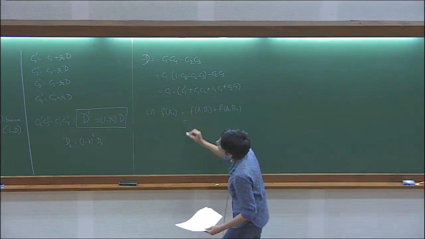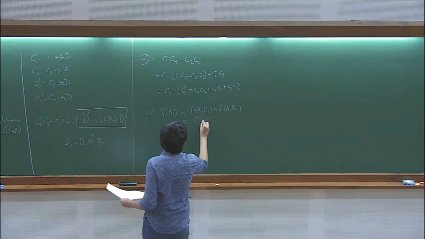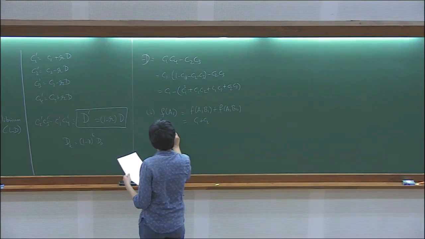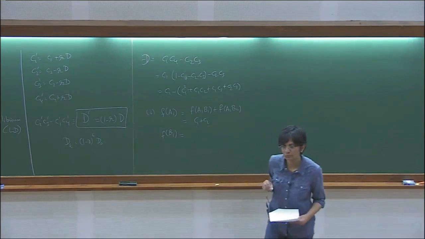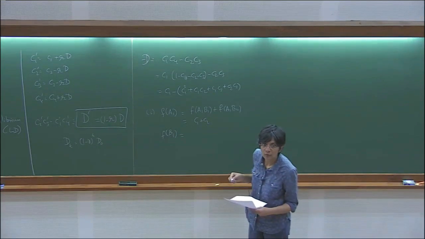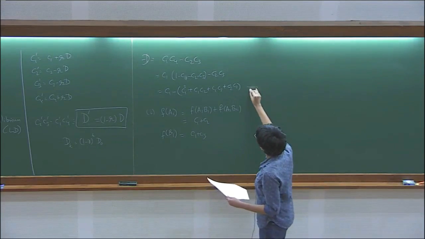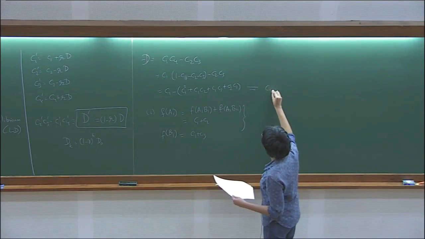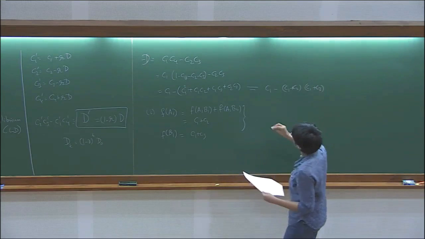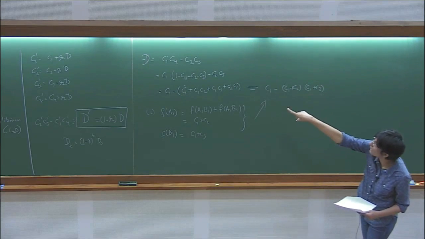But that's equal to C2. Can you tell me the frequency of B1? C1 plus C3. And if you use this, you'll see that this is equal to this expansion that I did, for minus D.